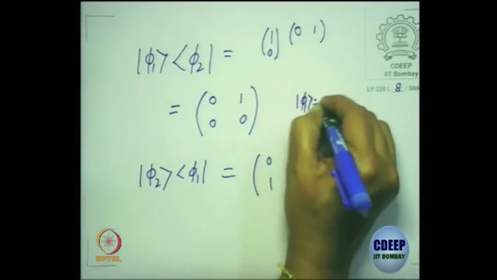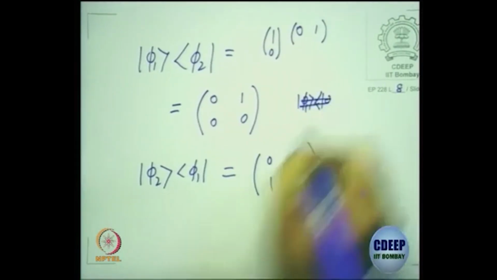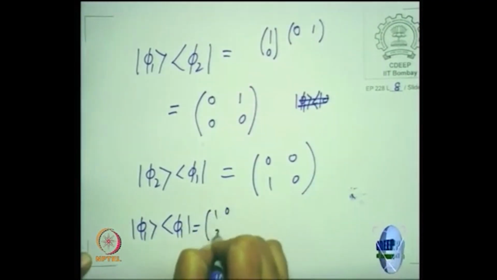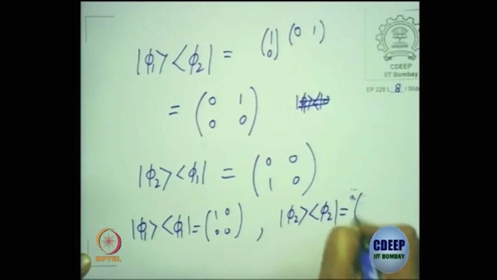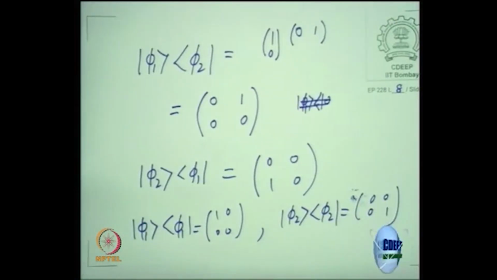Phi 1 phi 1 is 1 0 0 0 and phi 2 phi 2 is 0 0 0 1. So this should kind of tell you something. Any 2x2 matrix which you write can be represented in terms of this Dirac notation, where you will have 4 possible basis states with phi 1 and phi 2 in the 2-dimensional case.